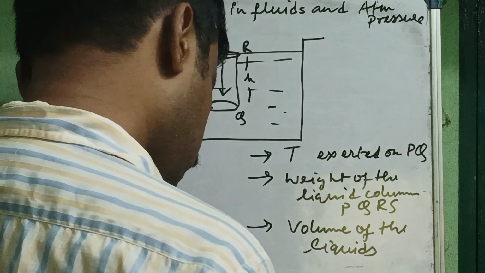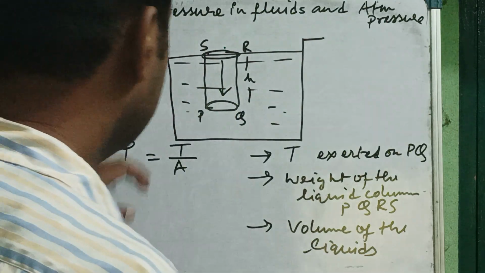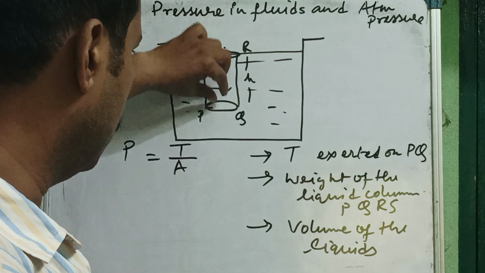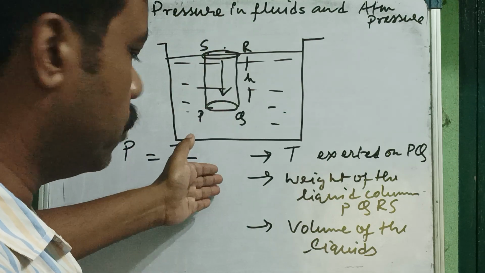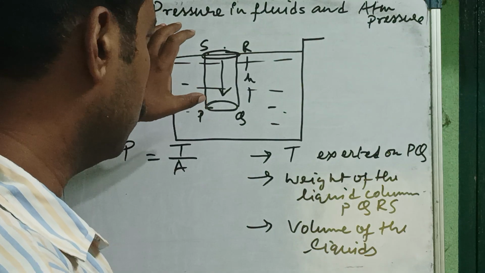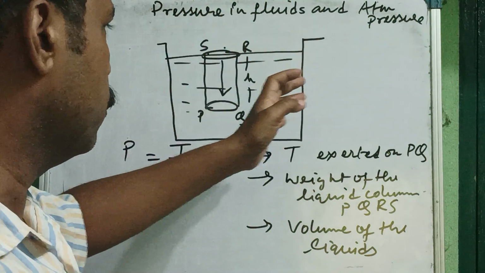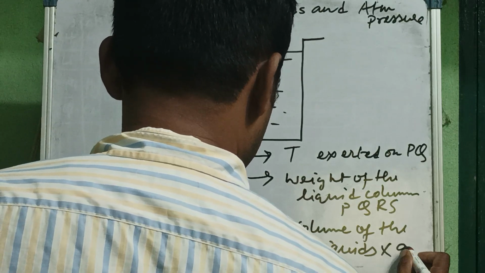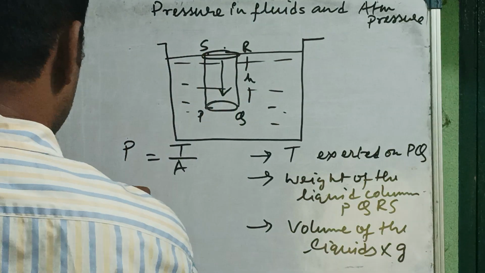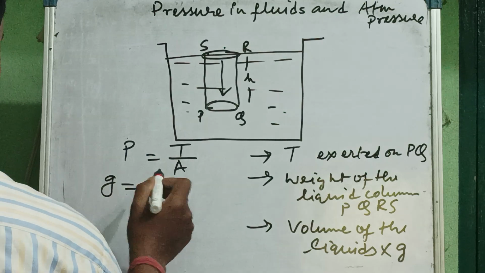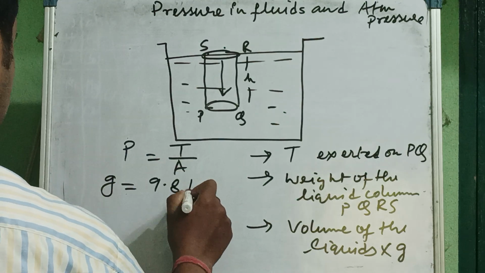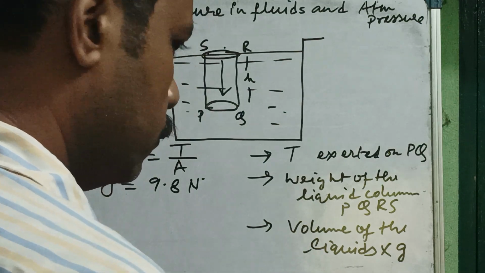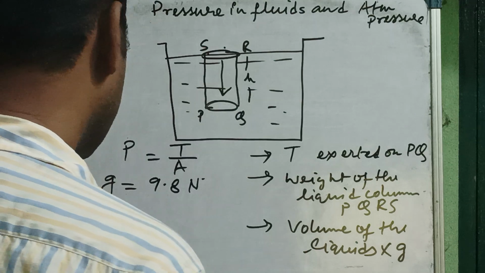And we know that if a force acts perpendicular on a surface, then acceleration due to gravity also matters, because every body has acceleration due to gravity. So volume of the liquid is also multiplied with small g. Small g is 9.8 in SI.